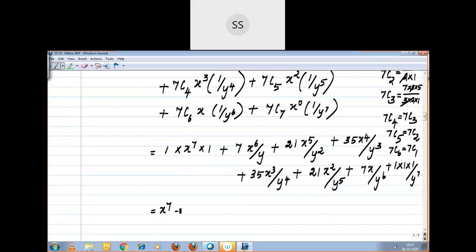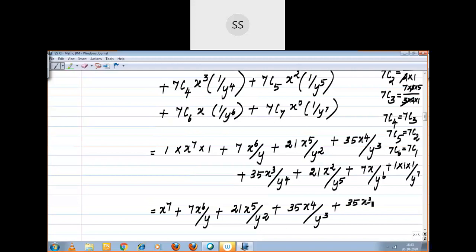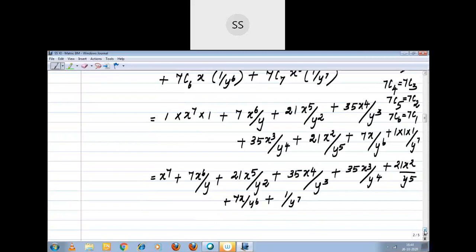That's why we use the word binomial. x power 7 plus 7x power 6 by y plus 21 x power 5 by y square plus 35 x power 4 by y power 3 plus 35 x power 3 by y power 4 plus 21 x square by y power 5 plus 7x by y power 6 plus 1 by y power 7. Got it, children? Now, I'm going to move to the next sum.